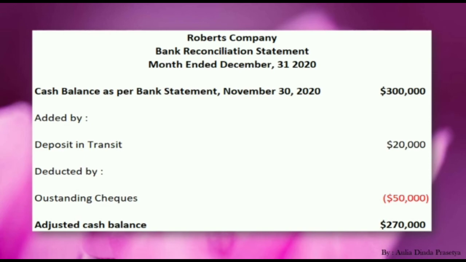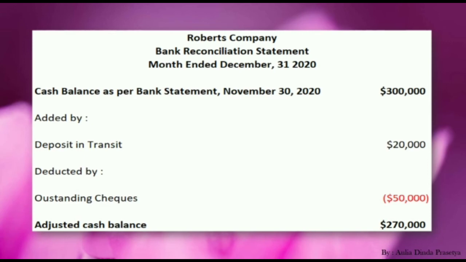This is the amount that the company has already deposited to the bank, but the bank has not yet recorded. So we need to add the deposit in transit to the bank balance.